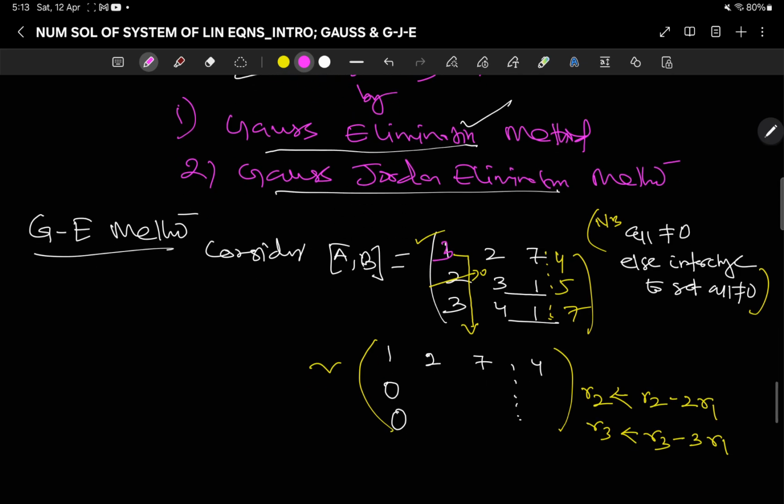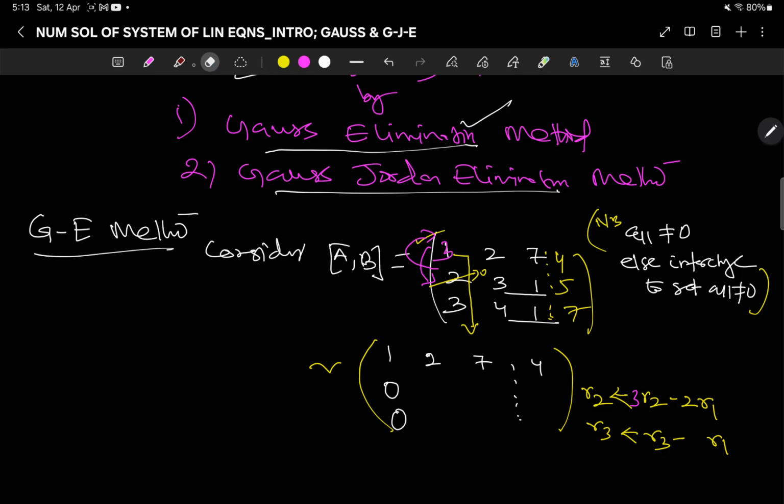So what changes do you need? You multiply this coefficient here and this coefficient here, so that if you multiply 3 over here it will be 6, and if you multiply 2 over here it will be 6. So R2 is replaced by 3 R2 minus 2 row 1, and R3 is replaced by simply R3 minus R1.